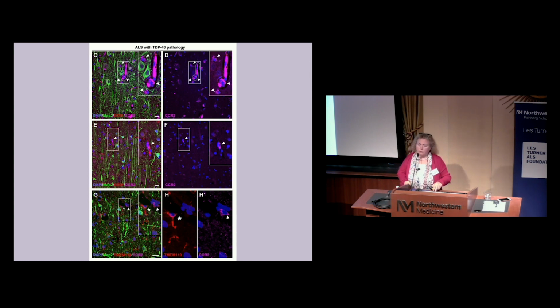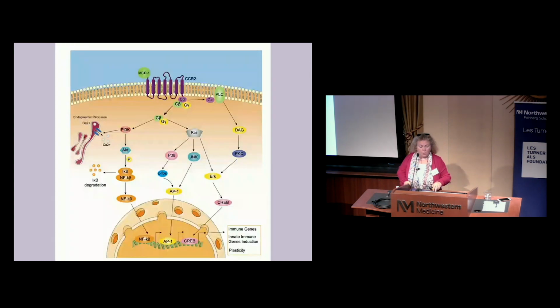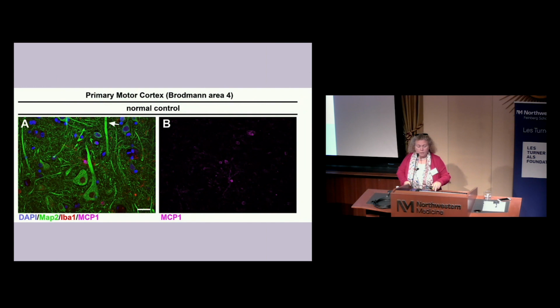And what is the partner for CCR2? MCP1, right? So this is just a drawing to tell you that the MCP1 CCR2 interaction is actually the path that leads to innate immunity. And if you look at MCP1, all right, very few levels of MCP1 expression.